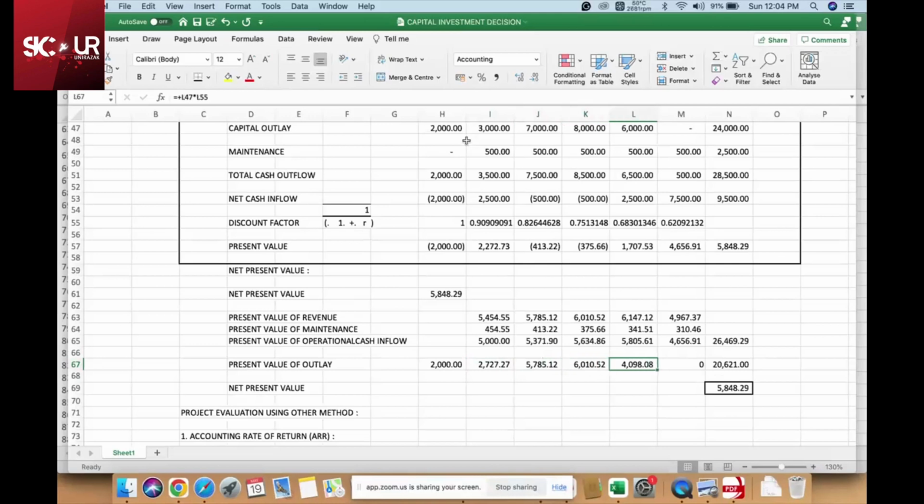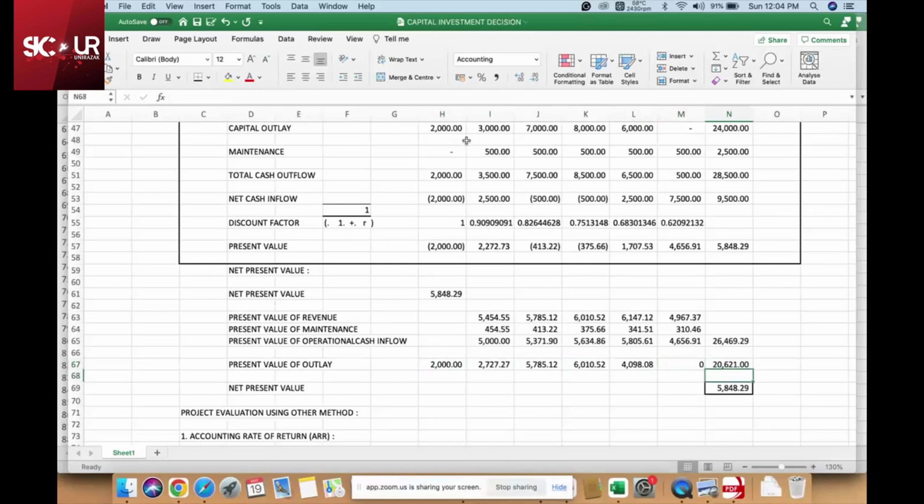And year 4, you invest 6 million, but discounted at 0.68, you only invest 4 million. There's no investment in year 5. So when you total the investment, you have to include the 2 million. So over the 5 years that you invest, your cost is 20 million.